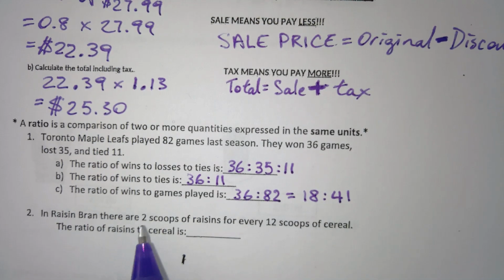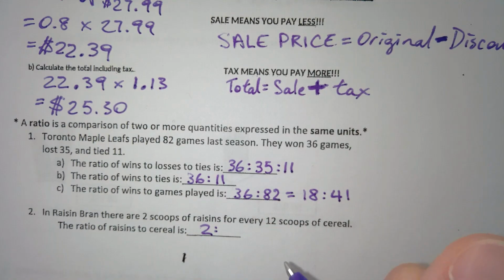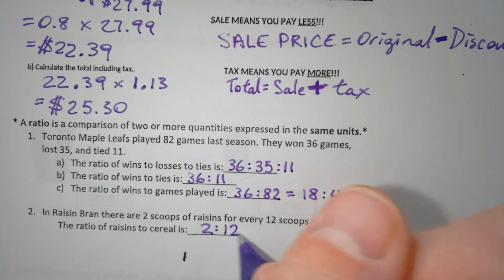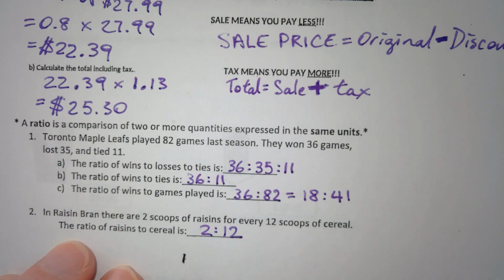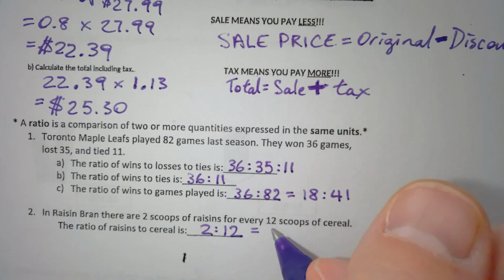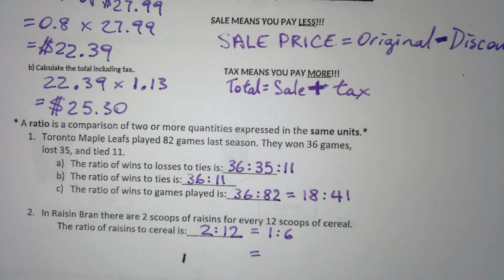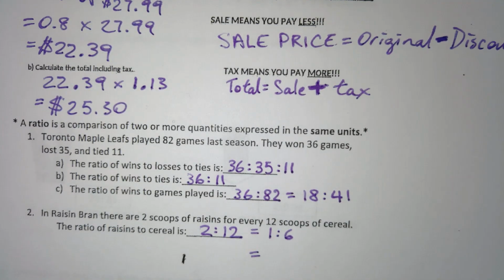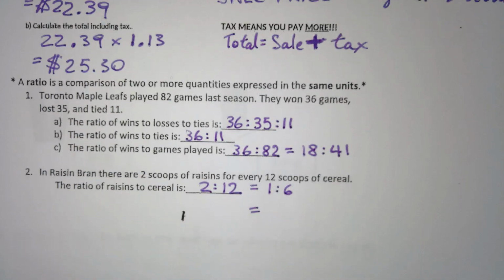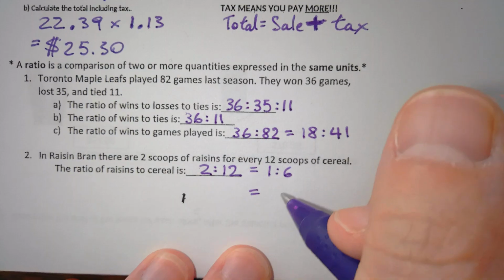Okay. And then the last one right here. In Raisin Bran, there are 2 scoops of raisin for every 12 scoops of cereal. The ratio of raisin to cereal is 2 to 12, which is 1 to 6. Now, let's say I want to make a super box, a Costco box of Raisin Bran.